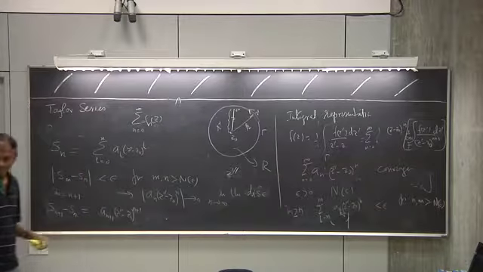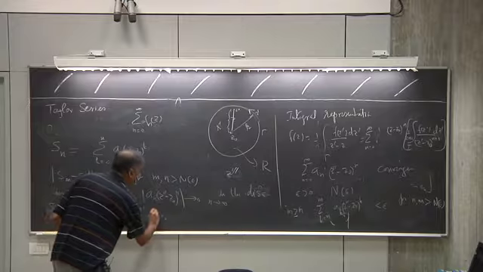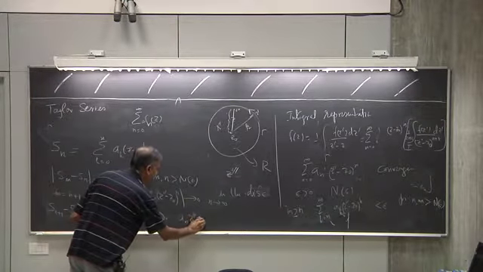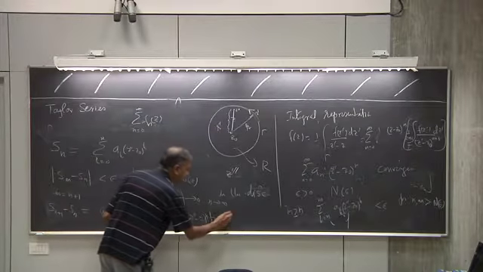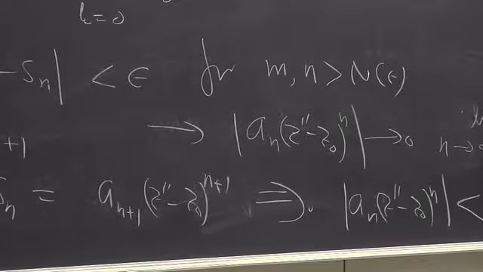This is what it is saying, each term. This in turn implies that all of these terms, modulus of a n (z double prime minus z0) to the n, are bounded by some finite number A.